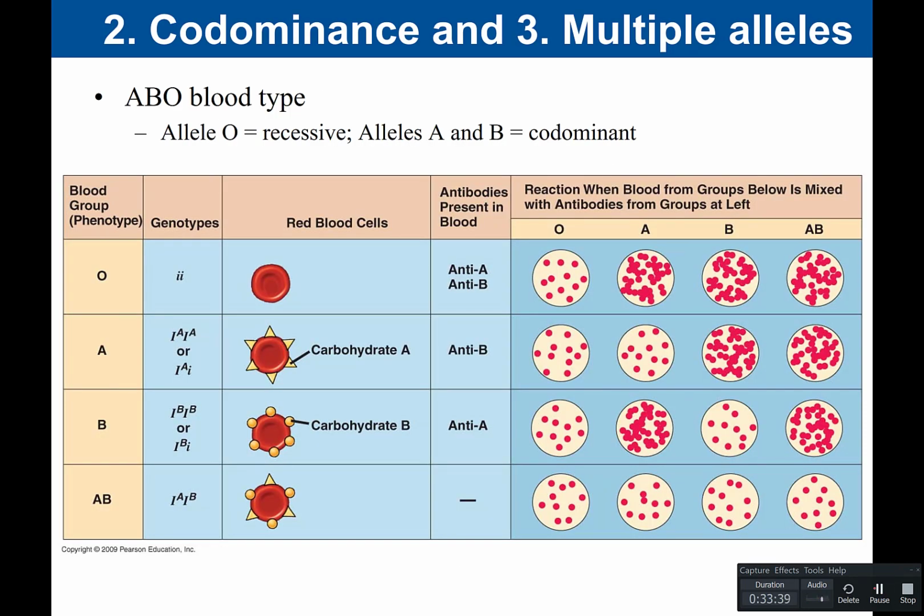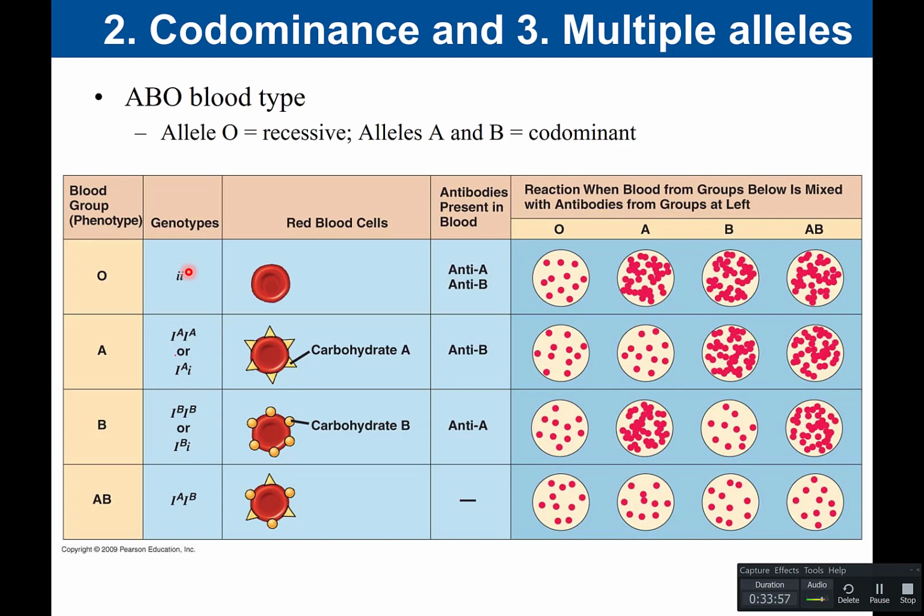If we look at blood type, remember I said that there are 3 possible alleles. The O allele is written as a little i because the O allele is going to be recessive.